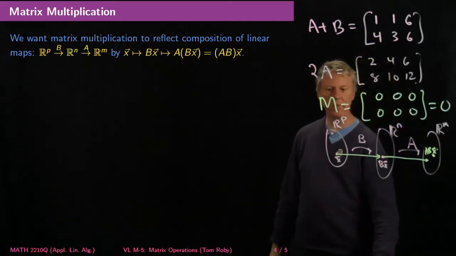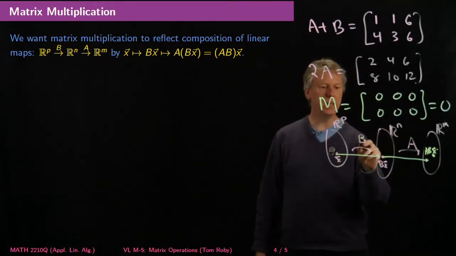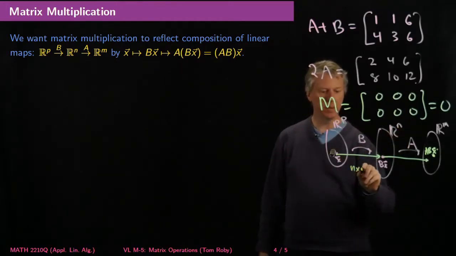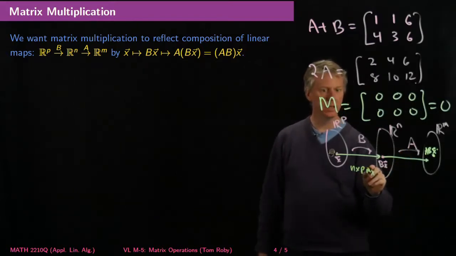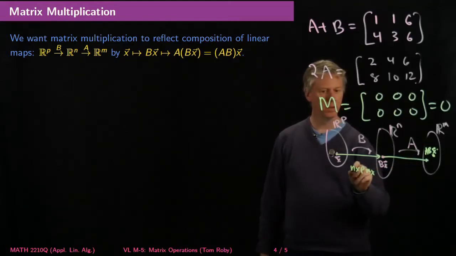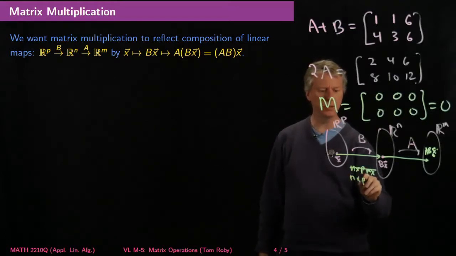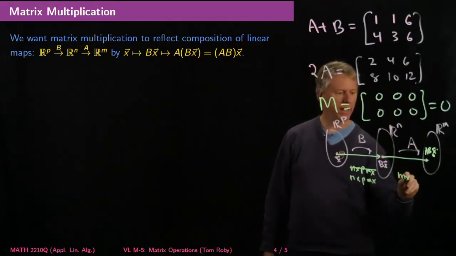Now notice, in order for any of this to make sense, what are the dimensions of these matrices? B is going to have to represent an n by p matrix. And then A is an m by n matrix.